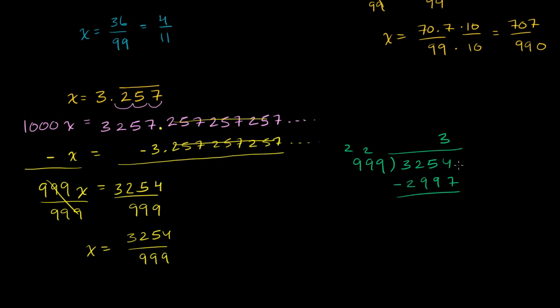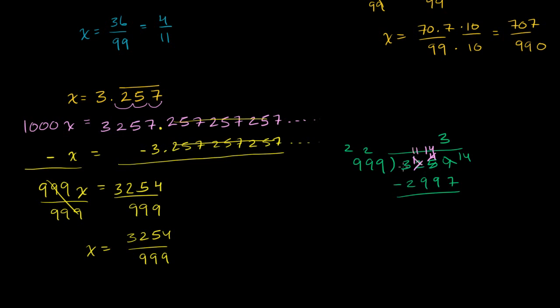And so we are left with, if we subtract, if we regroup or borrow, or however we want to call it, this could be a 14, and then this could be a 4. Let me do this in a new color. This would be a 4, and then the 4 is still smaller than this 9, so we need to regroup again. So then this could be a 14, and then this could be a 1, but this is smaller than this 9 right over here, so we regroup again.